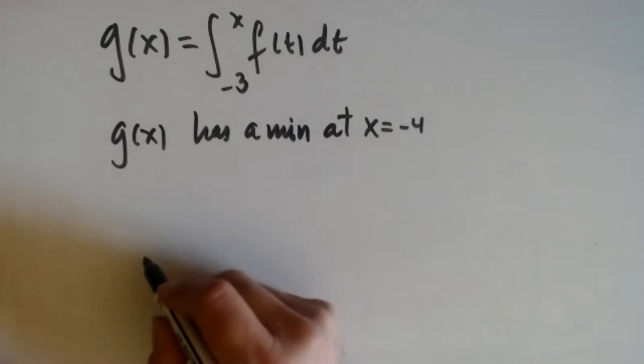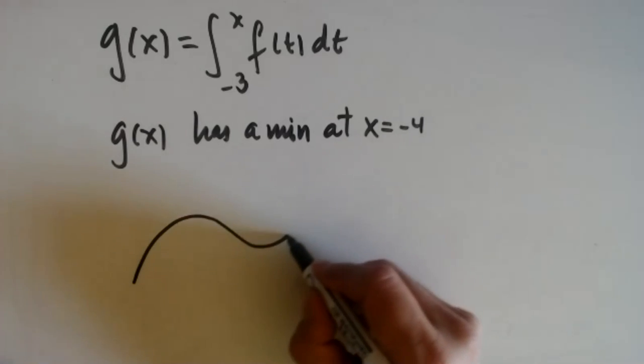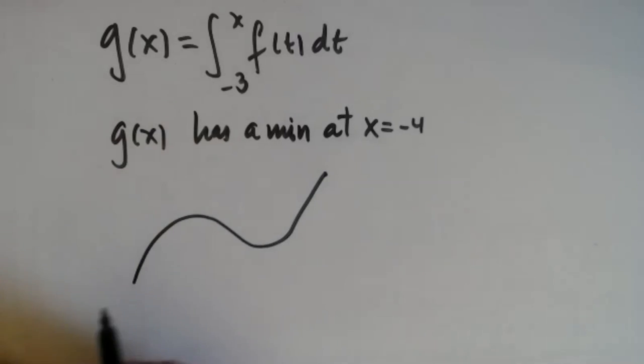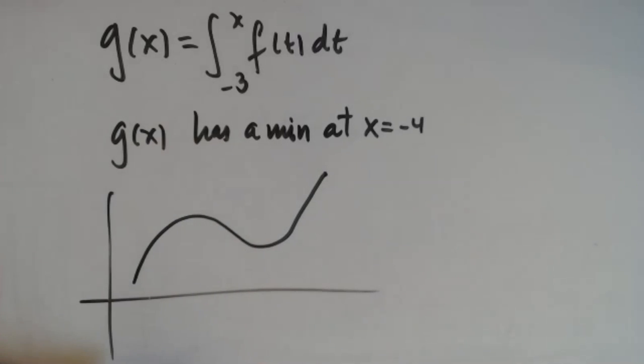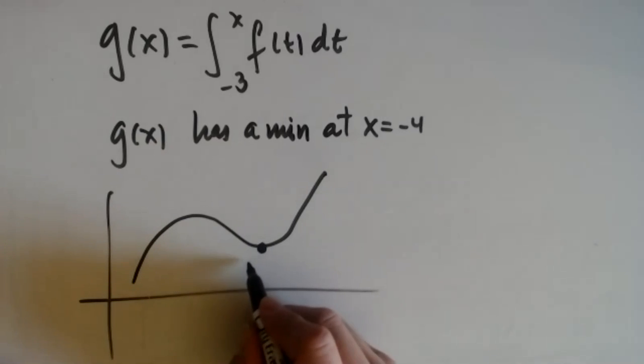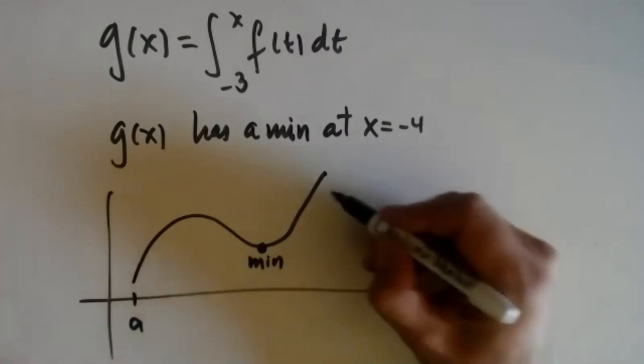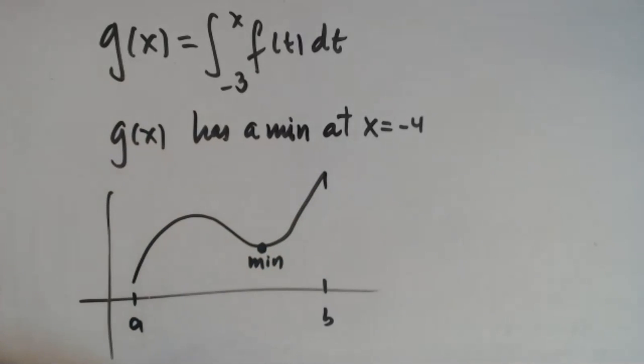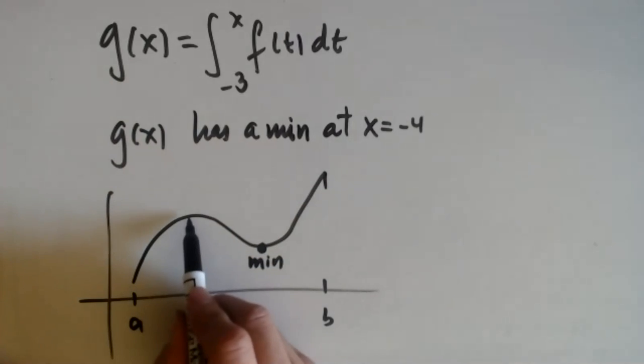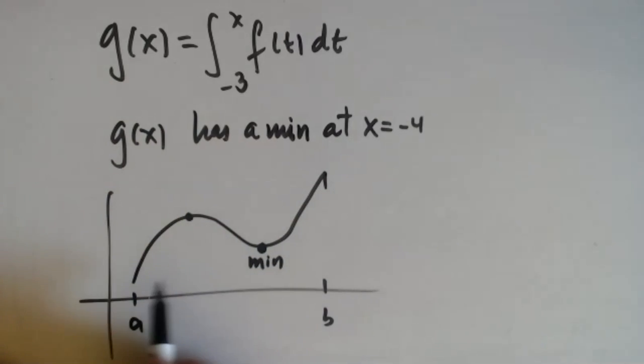So same as if you have, for instance, a function like this, and suppose this is the relative min. But when you have a function defined between a and b, you have to check the ends. Well, this is a max, and obviously this is not going to be in the game.